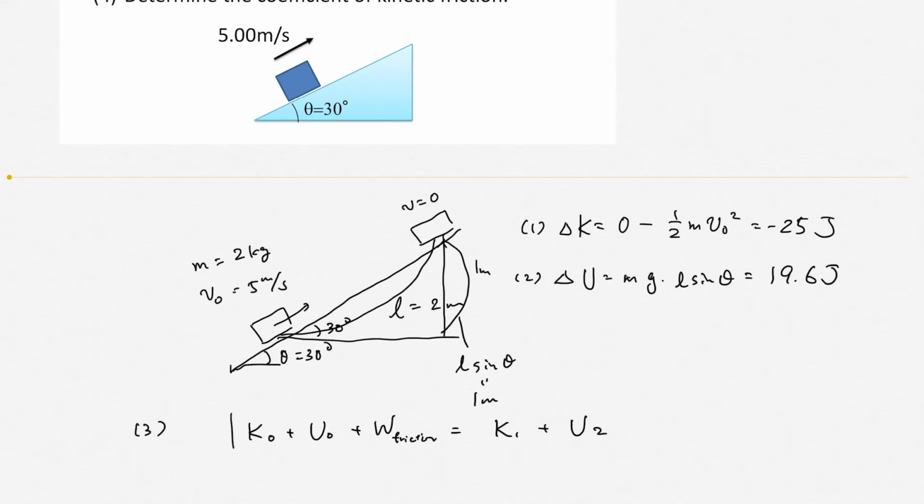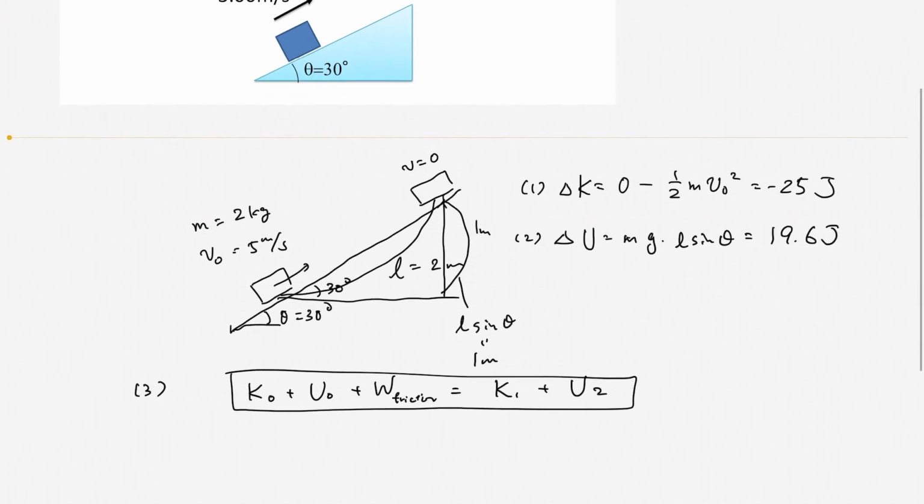We use these equations. Energy conservation. So the work done by friction can be calculated.